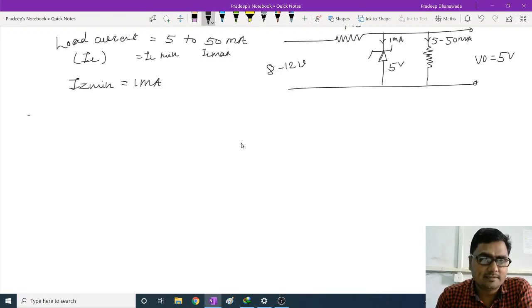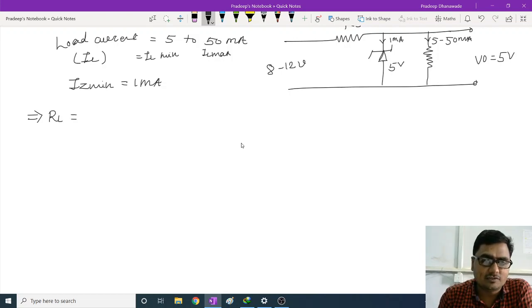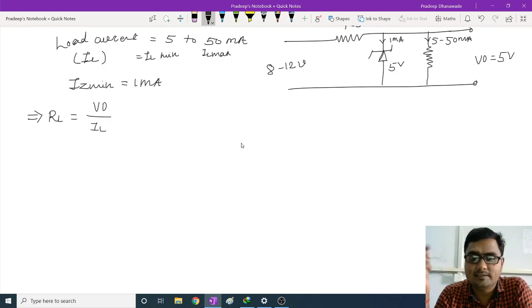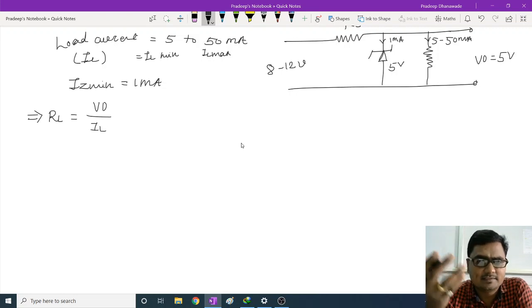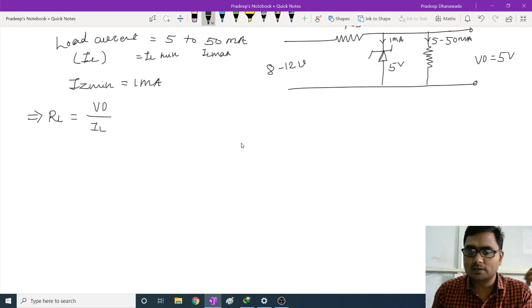Let us start with the calculation for load resistor RL. How to calculate RL? RL equals output voltage divided by output current, that is VO divided by IL. By common sense, V by I is R. But see, load current is specified in a range.